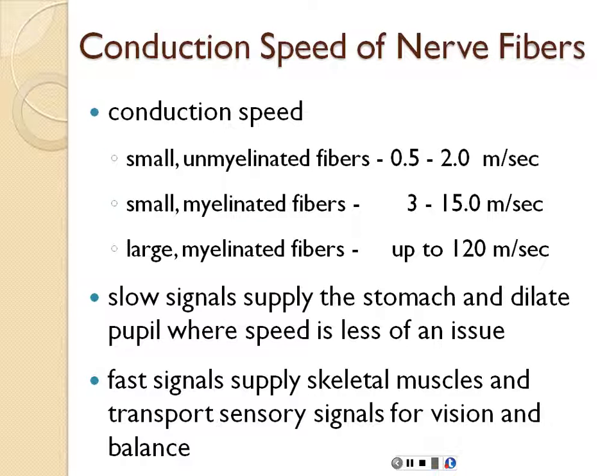So if you compare three of your neurons in your body, those neurons that are small and unmyelinated, so they have a small diameter and no myelin, which means these are the slowest of our neurons, the signal travels up to about 2 meters per second. Think about how fast that is.